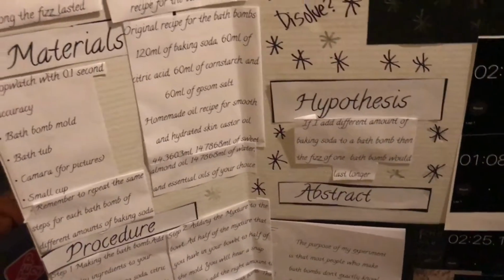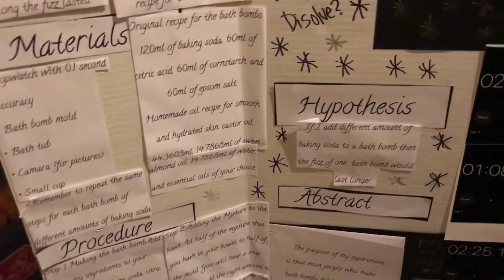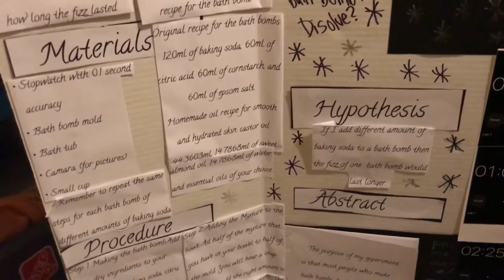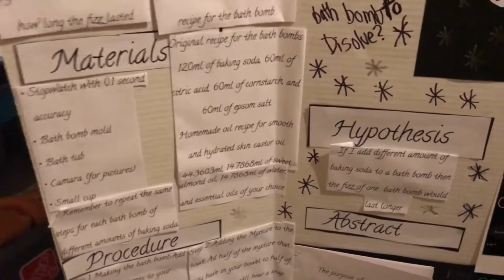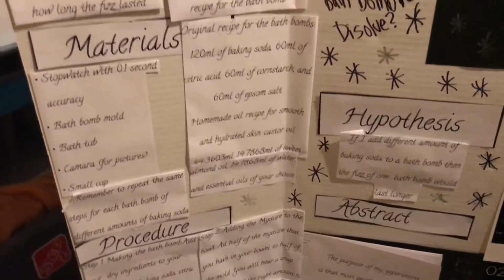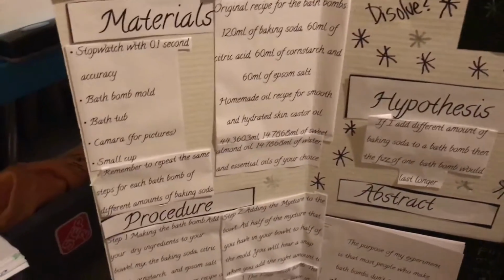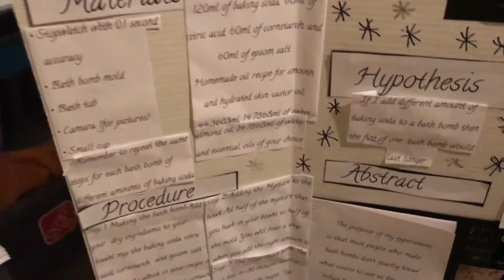Then you whisk thoroughly, and you grab your bath bomb mold and put half of the amount that's in the bowl inside, and then put half of the half that you have if you have more, and if not, just half.